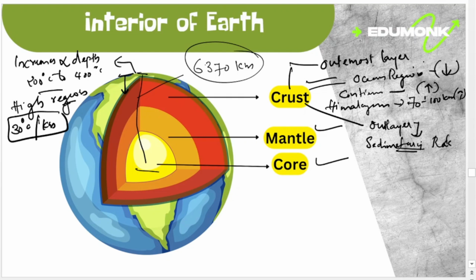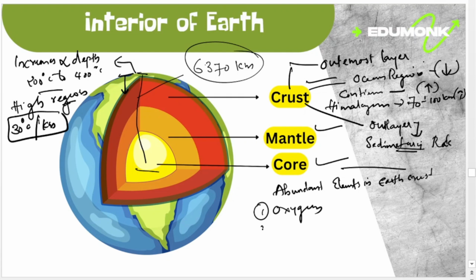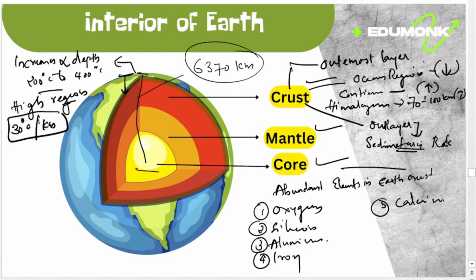Before that, there are many abundant elements in our Earth's crust. First one is oxygen, second one is silicon, third is aluminum, fourth one is iron, fifth one is calcium, and sixth one is sodium.